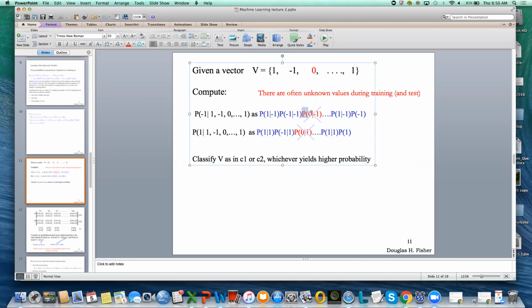And there are a couple things you could do. In some cases, when something is unknown, it's actually predictive. So in medical diagnosis, for example, if a patient has been seen by a physician already and they've got a battery of lab tests, let's say you don't know what recommendation the physician has actually made for this patient.